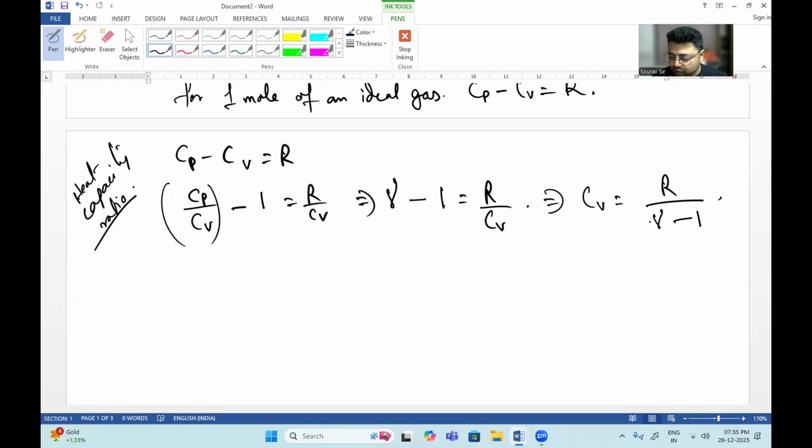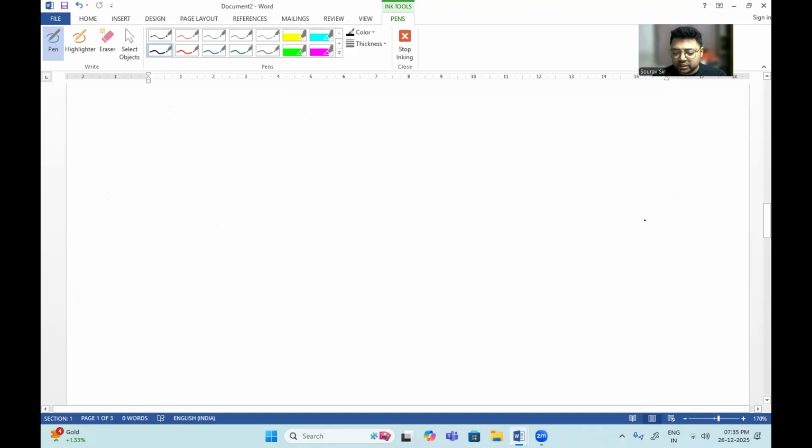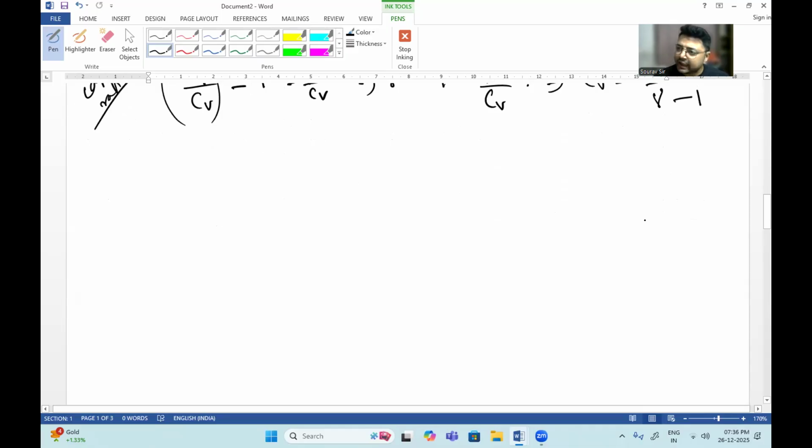Heat capacity ratios are also important in our exams, because for a monoatomic gas, a diatomic gas, and a triatomic gas, these ratios are different, and with their help we can distinguish them.